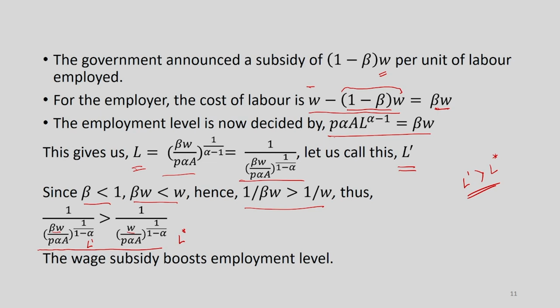So, this is a kind of policy that is often advocated by many people, that if the government wants to improve the employment level in the economy, then what the government can do is that it can tell the producers, look, out of the 100 rupees wage that has to be paid to the laborer, you pay maybe 70% of that, 70 rupees, and I'll pay 30%, that I'll pay 30 rupees, right.